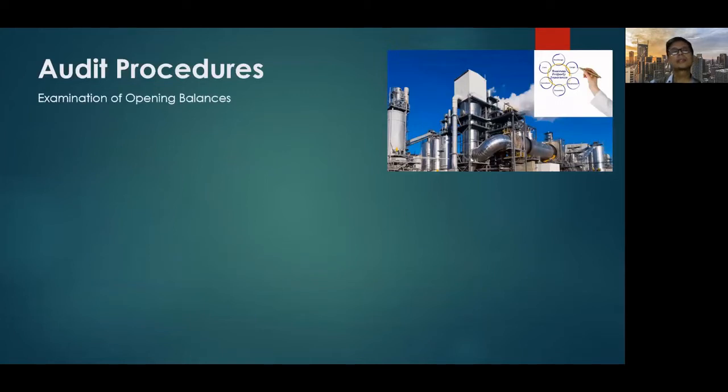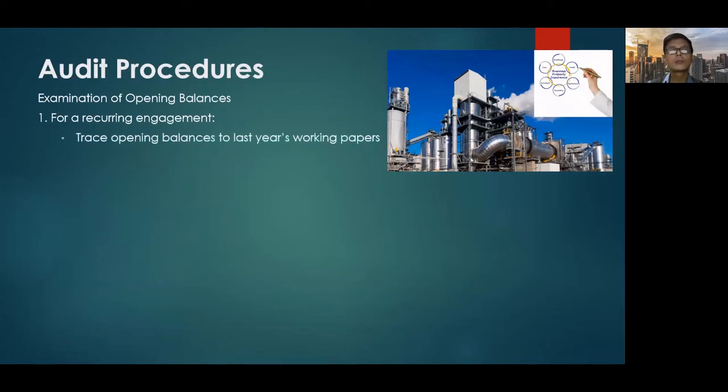Audit procedures, examination of the opening balance. Opening balance nung, of course, pag nakita natin dun sa statement of financial position, yung opening balance nung property, plant, and equipment. So for recurring engagement, yan, first is traced opening balance to last year's working papers.